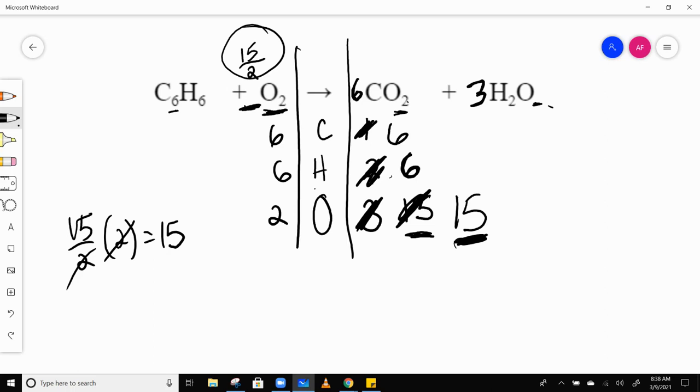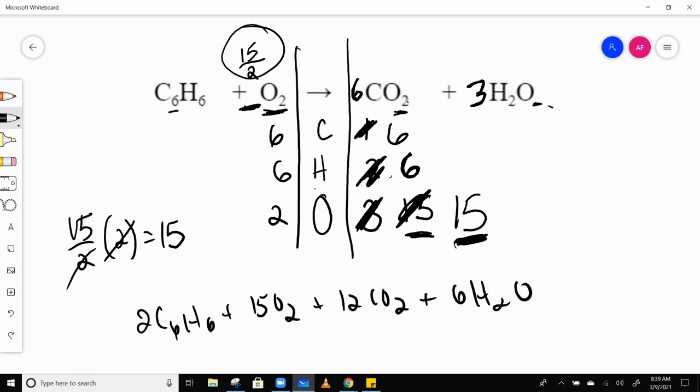So you could do the 15 over 2 and then multiply everything by 2, and you'll get 2C6H6 plus 15O2 gives 12CO2 plus 6H2O.